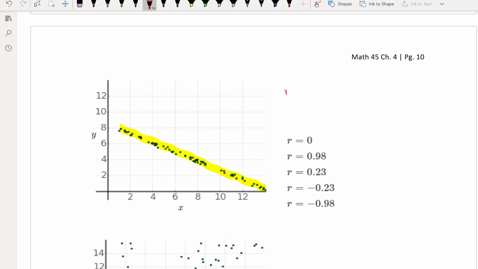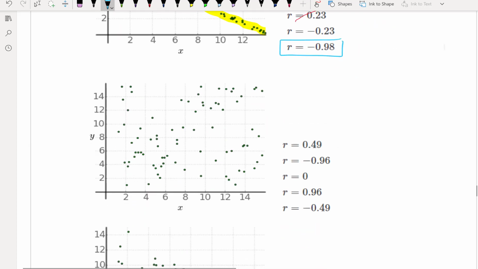But you just want to make sure if your slope is positive or negative. Your slope here is going to be negative, and it's really close to 1, so it's really close to -1. So it's not positive, so those are taken out, and it's not 0. So the closest one to -1 would be this one down here.